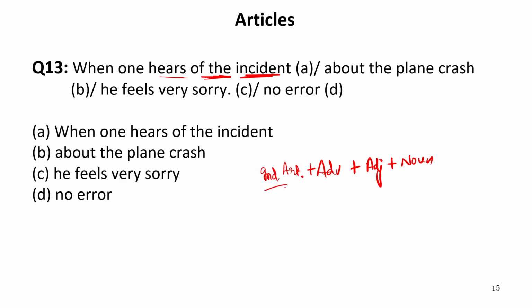It means either "a" or "an". If we do not have an adverb or adjective, and we have a noun only, we use an indefinite article unless that noun is particular.